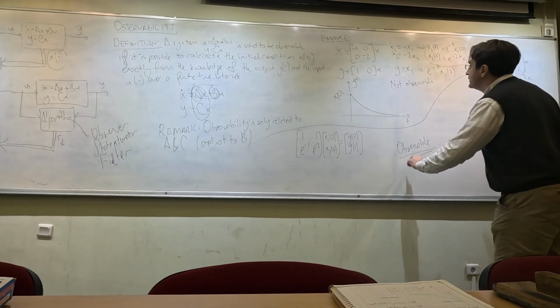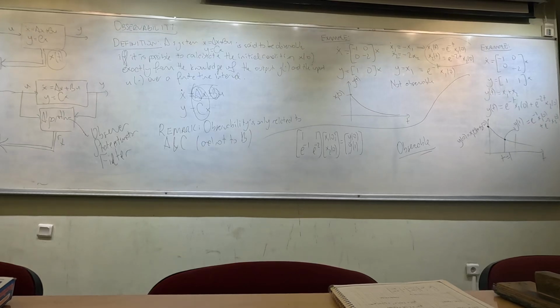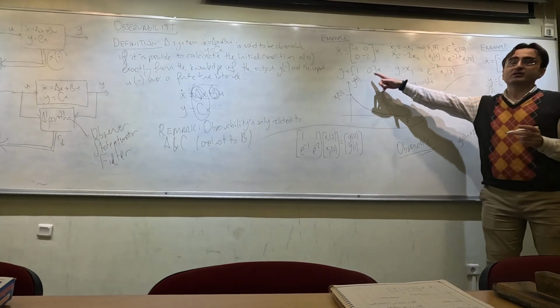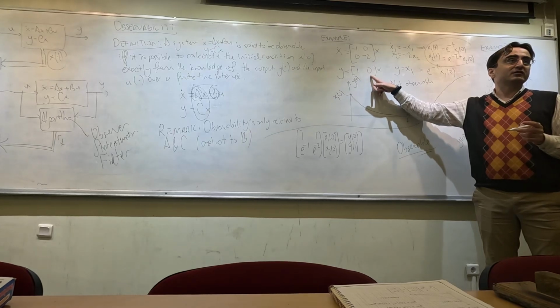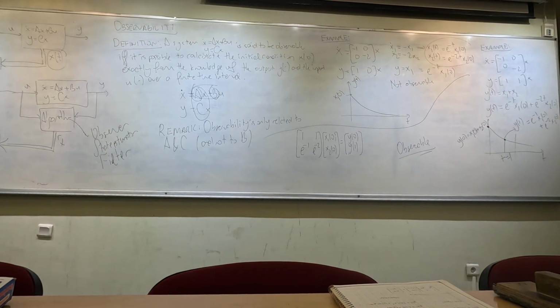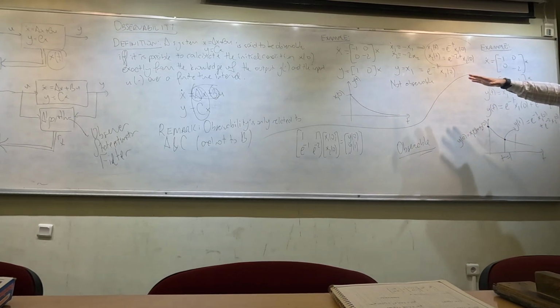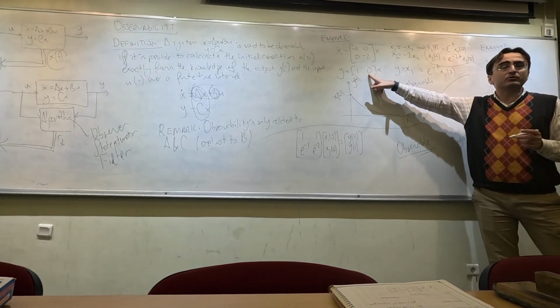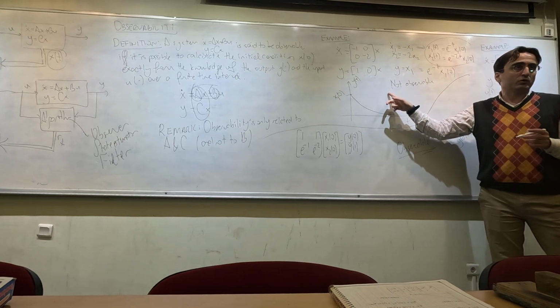So by seeing only these two examples, you might think that observability is related to the zero elements in the C vector. But actually, we are going to see that it is not. Here, we have seen that because of this zero element, this system became non-observable.